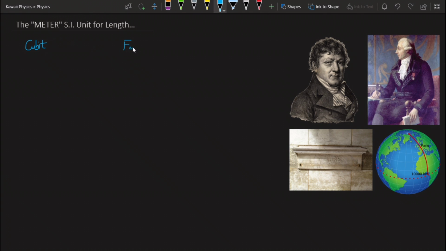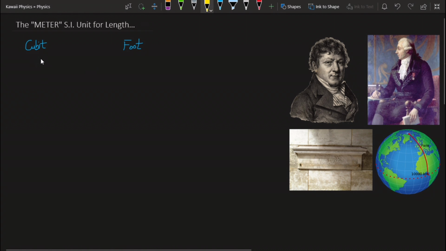The cubit was the length from your middle finger's tip to the bottom of your elbow.